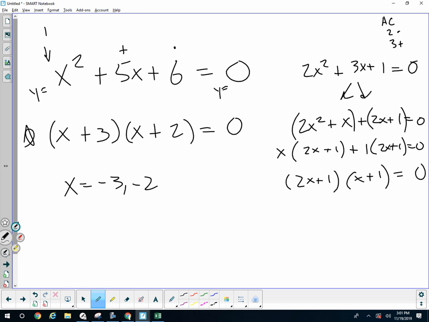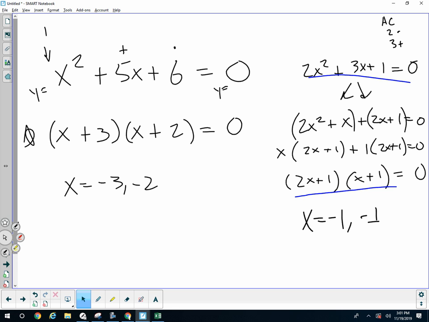Solving this equation is the same as solving this equation, which is great, because all we did is just made this look different. -1 is one of the answers. -1/2 is the other answer. I got that other answer by solving this equation. We subtracted 1, we divided by 2. Okay? Great.